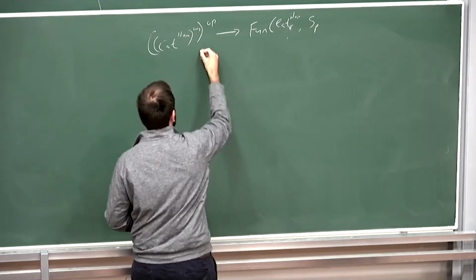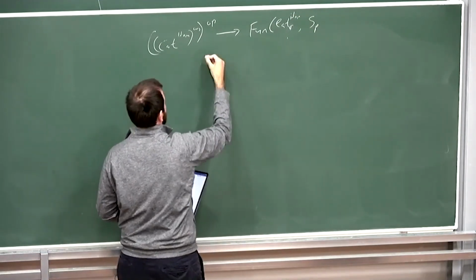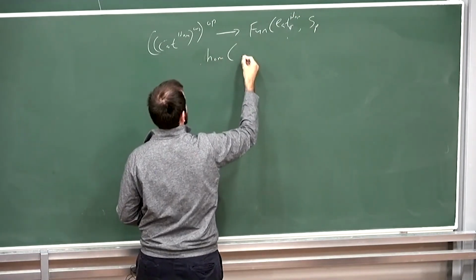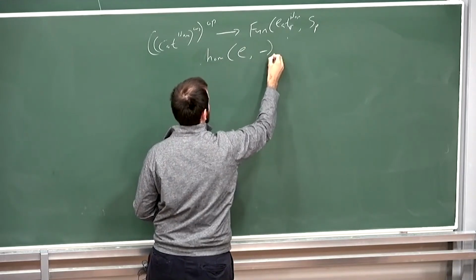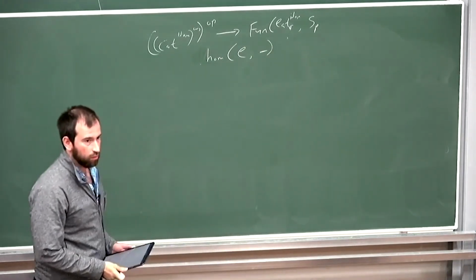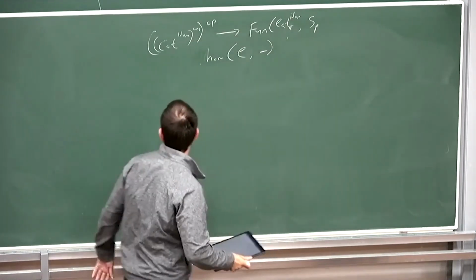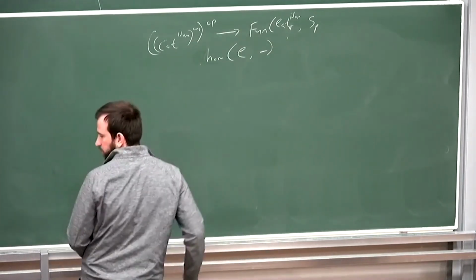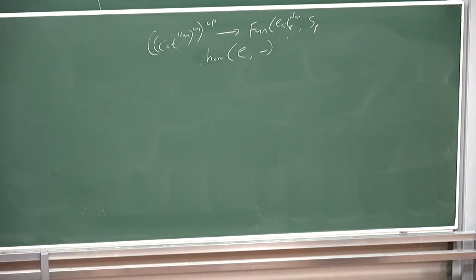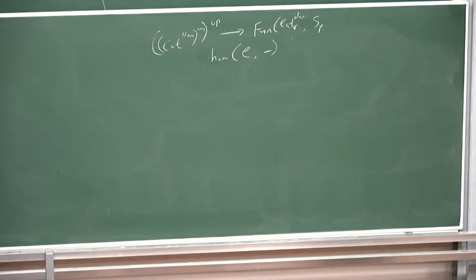It's essentially just, so right, this will be a contravariant functor from categories.